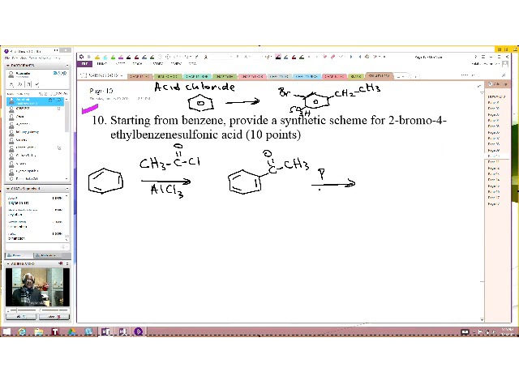So now you do your bromination, knowing that this is a meta director, so the bromine goes here.